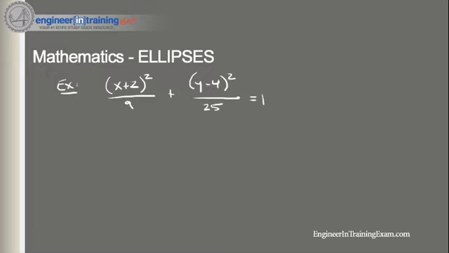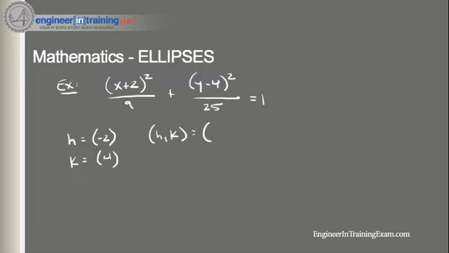We're lucky because this is already in the standard form. We can easily see where the center is: h is going to be equal to -2 and k is going to be equal to 4. So the center of the ellipse (h, k) is located at (-2, 4).